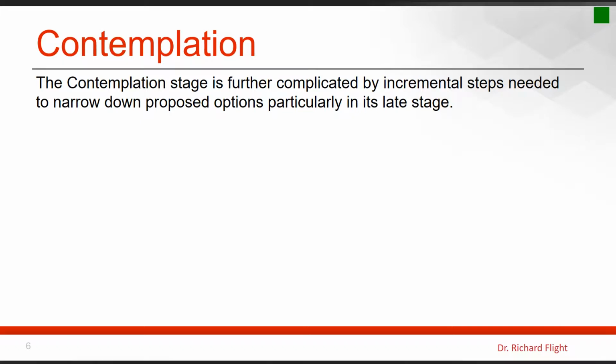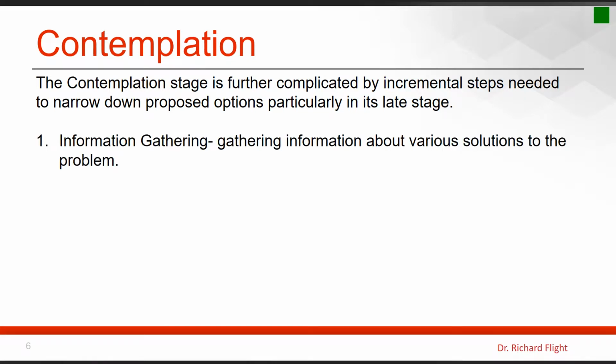One of the challenges here is once the consumer hits contemplation, they may be inundated with a lot of different solutions, but they need to go through a process where they narrow those solutions down to find which one is best for them. So there's a lot of mental processing happening here. During this contemplation stage, where you go from early to late, the consumer is going from a big selection set to a small selection set.